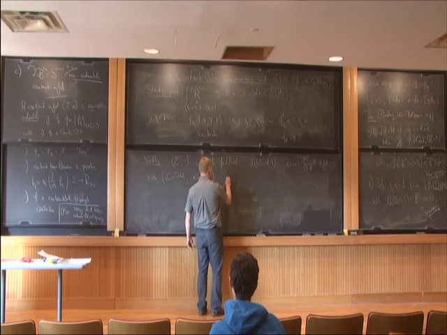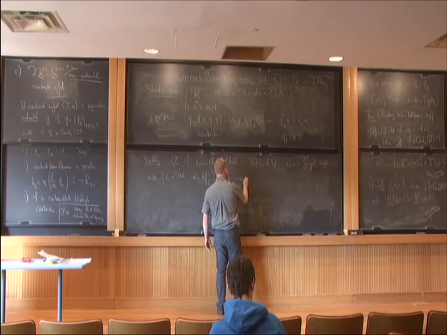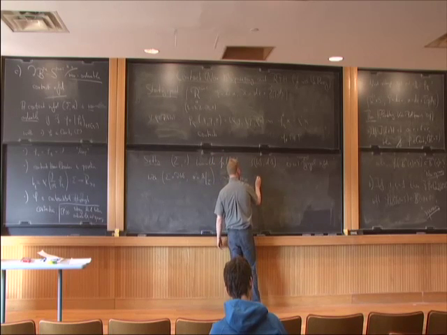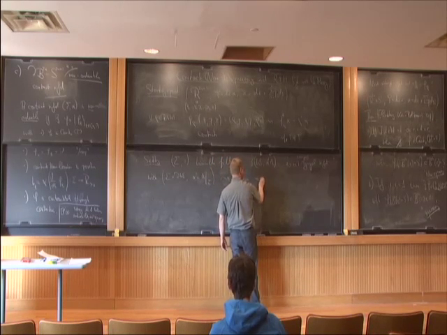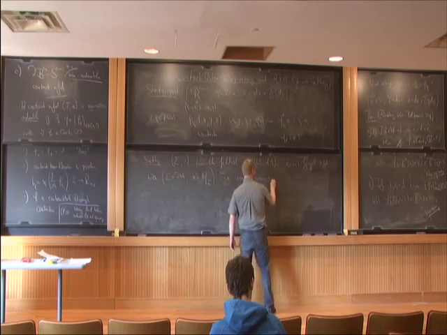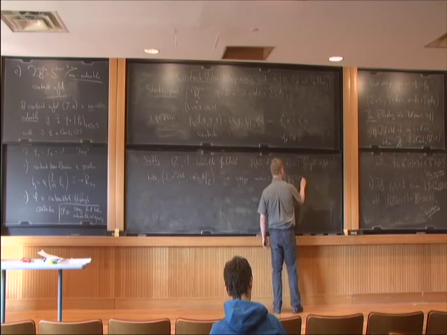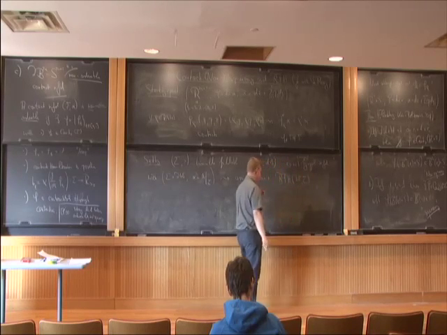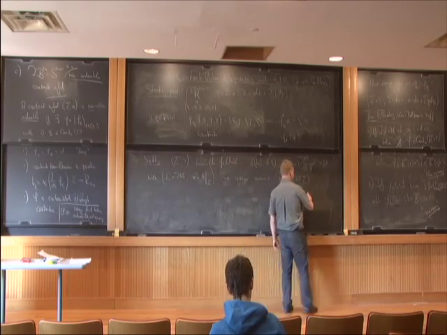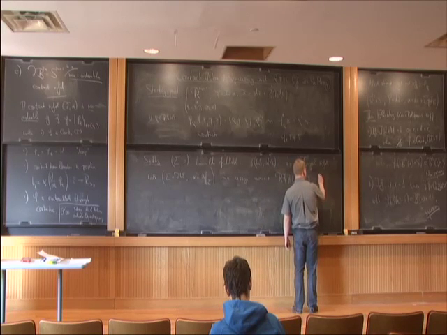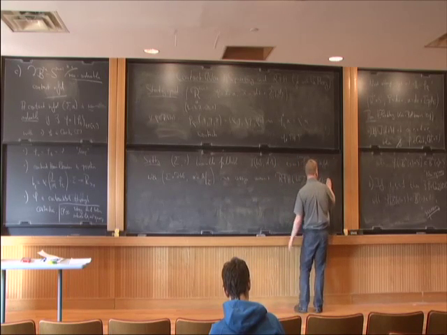In this situation, you can assign an invariant, which is called the Rabinowitz Floer homology of this pair W and Sigma, and it really depends on W in general. For our purpose, it's just a Z mod 2 vector space.